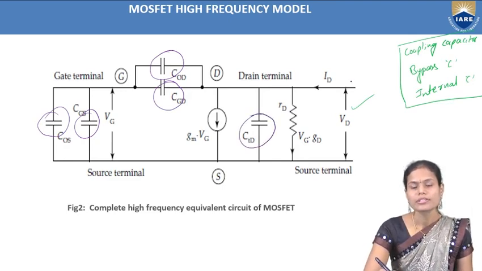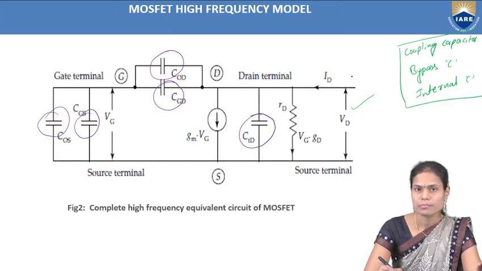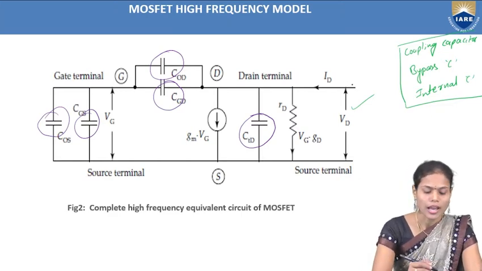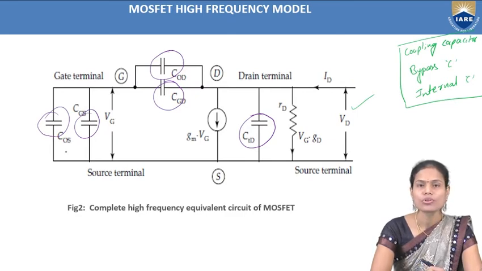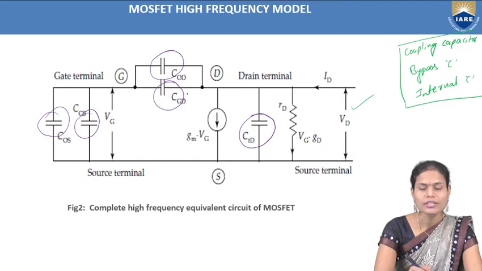For simplicity, and in order to analyze this circuit, I have included the CGS as well as COS capacitors lumped together with the CGD capacitor here. These COS and CGS capacitances are lumped together and included in the CGD capacitance.